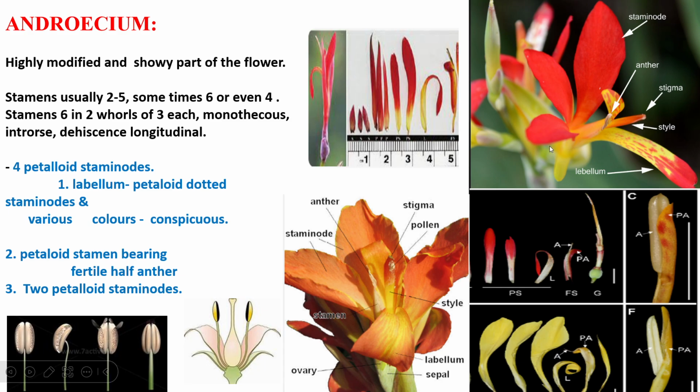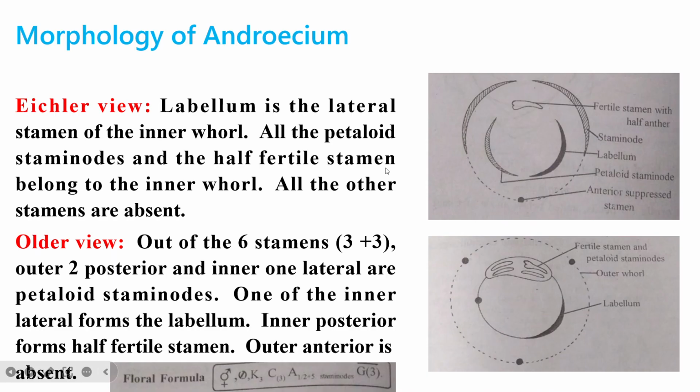Then, morphology of androecium. Here, the labellum represents the lateral stamen of the inner whorl. All the petaloid staminodes and the half fertile stamen belong to the inner whorl. All the other stamens are absent.